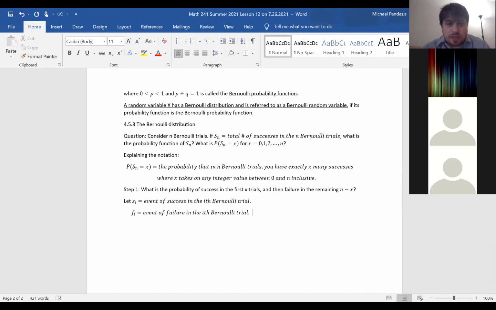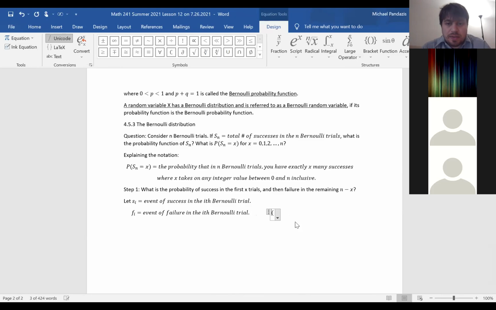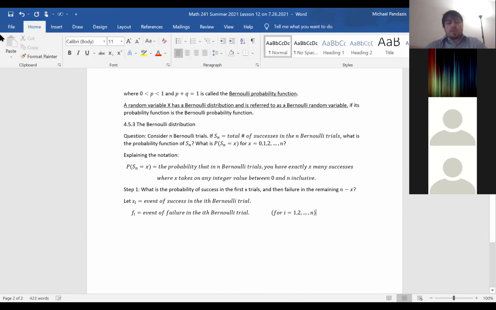Okay, so you have a first Bernoulli trial, a second, up to including the little nth. So these are both for those values of i. Okay, so you have those events.